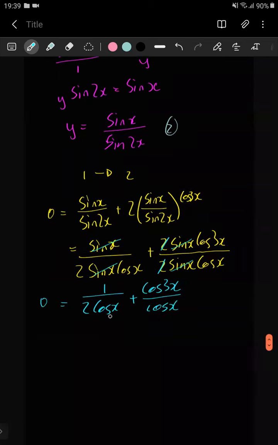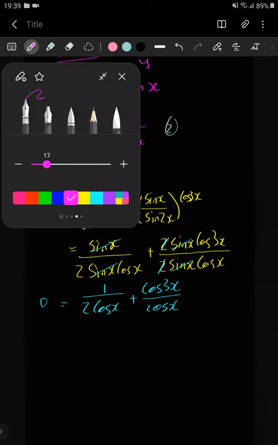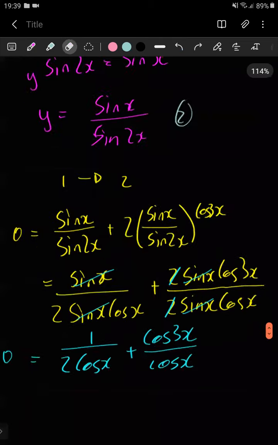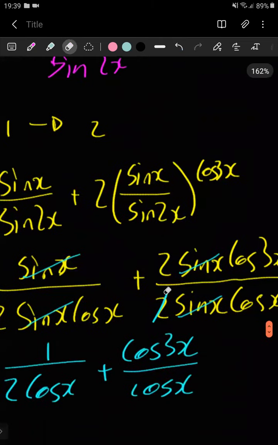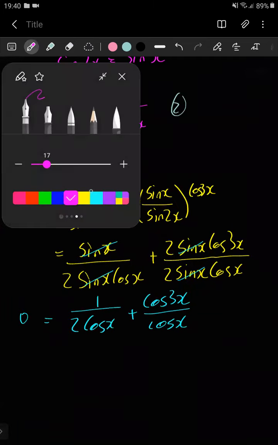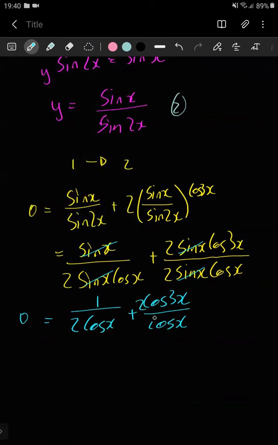But let's get an LCD here. The LCD is going to be 2 cos x. Let's just reverse what we did here. Let's not cancel the 2 here, let's not cancel the 2 there. If you leave the 2s, we have an LCD that's the same.